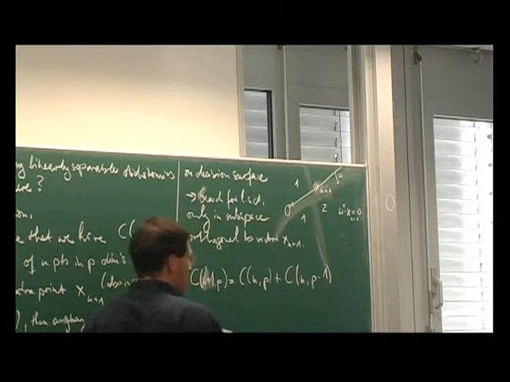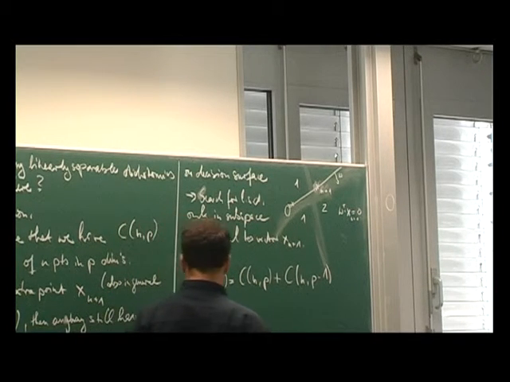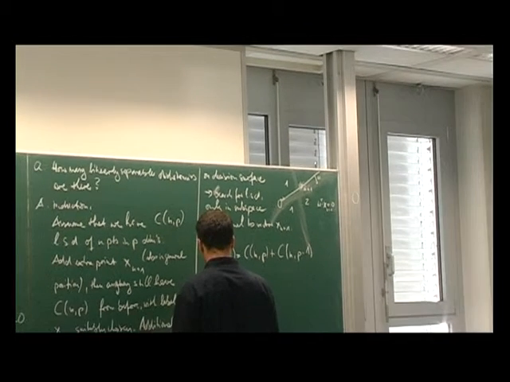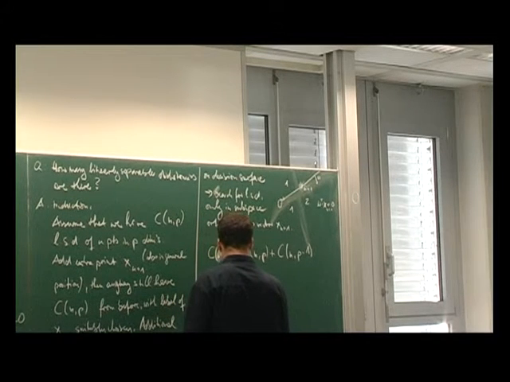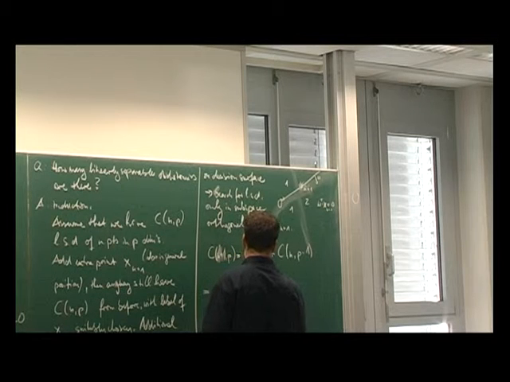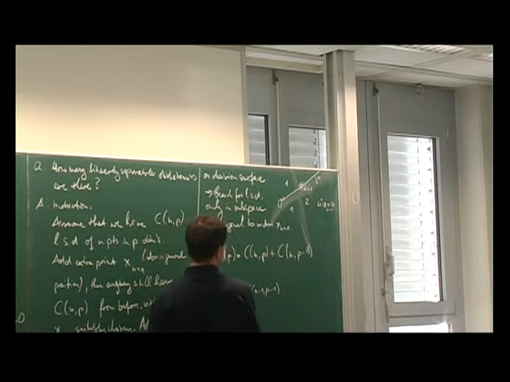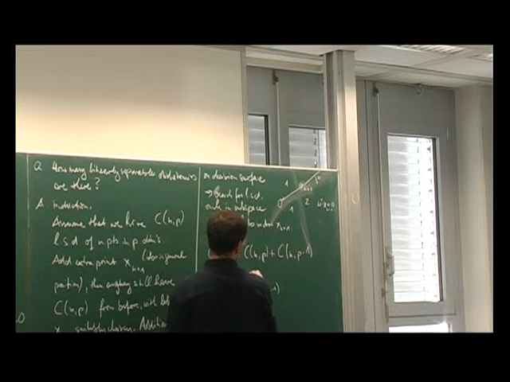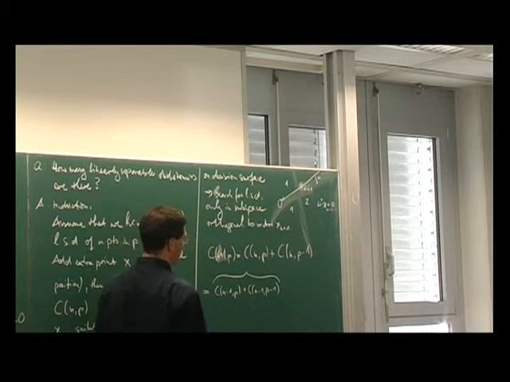Okay, now comes all the machinery of recursion. This first term can be rewritten as C(N minus 1, P) plus C(N minus 1, P minus 1). So this is inserting the recurrence for the first term.